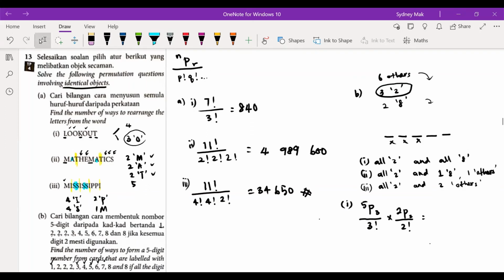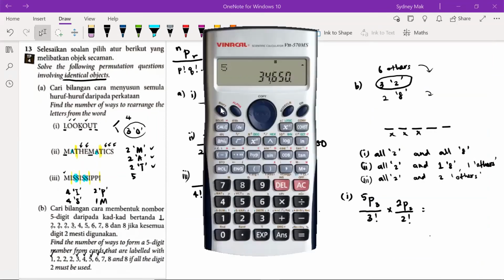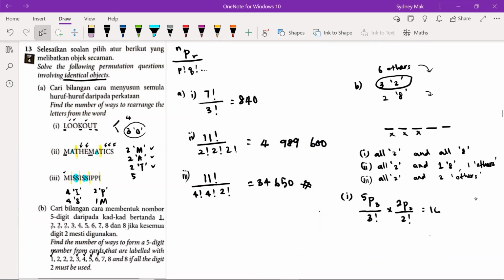Let's count the value: 5P3 divided by 3 factorial, times 2P2 divided by 2 factorial, which is actually 1 because 2P2 is 2 factorial. Therefore, the answer is 10. So there are 10 ways for the first scenario.